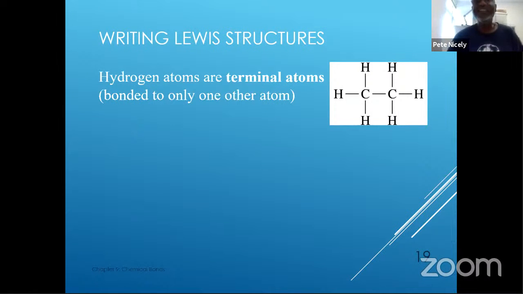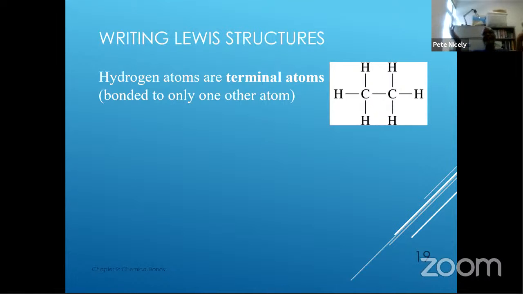In other words, these hydrogen atoms can only be bonded to one atom, right? So you won't have a situation where a hydrogen atom is bonded to one atom and then bonded to another atom simultaneously. And the reason for that is simple.